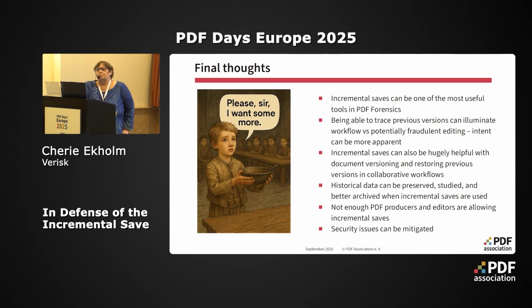I should say that we probably see about 10% of the files we get have incremental saves in them. If we're lucky, that's probably as high as I've seen. And it is dependent. Our numbers are not great in terms of industry numbers because what we see is pretty skewed by what our insurers are using for tools.